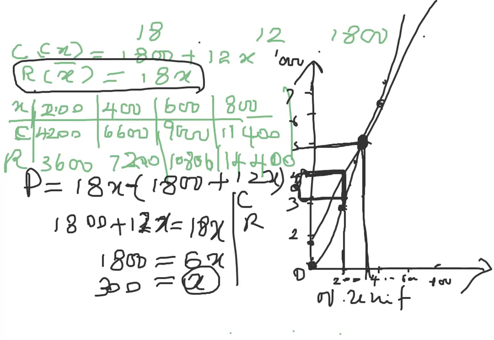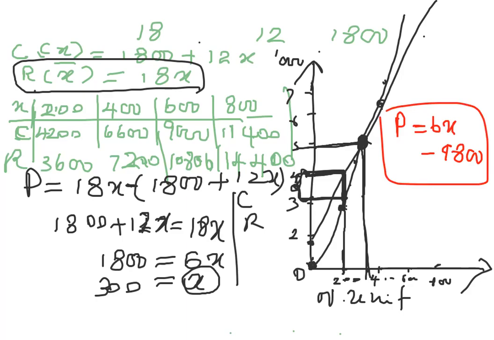So then our profit function, shall I write it in another color, is P equal to 6x minus 1800. That is our profit function. Then when we apply 200 instead of x, we can find the profit.